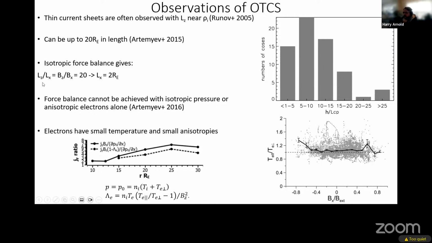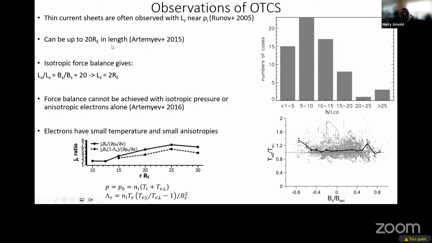You can go through some math, and effectively what you get is this ratio here. But if BZ over BX equals 20, which is a very reasonable answer, then that would give you a distance into the tail of 2 RE, assuming that it's an ion scale width. And that's just not nearly close enough. That's an order of magnitude shorter than what's actually observed.